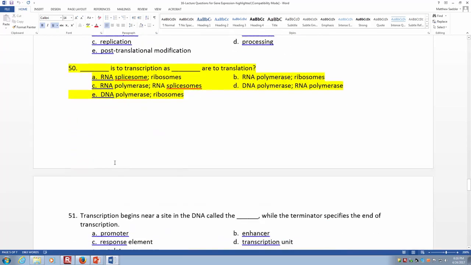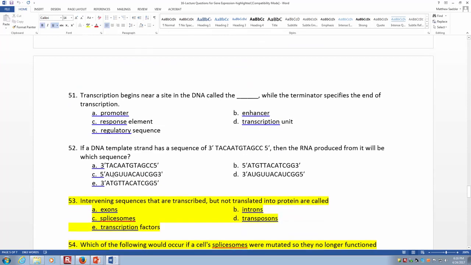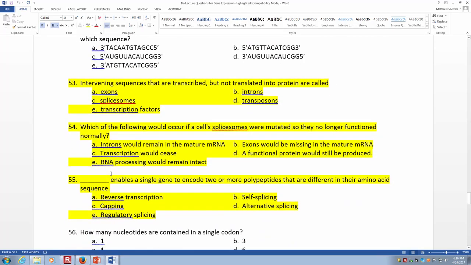Okay. 50, blank is to transcription as blank are to translation. Right. So it's comparing the two enzymes that are involved in synthesizing the product, so RNA polymerase and ribosomes. 53, intervening sequences that are transcribed but not translated into protein are called what?